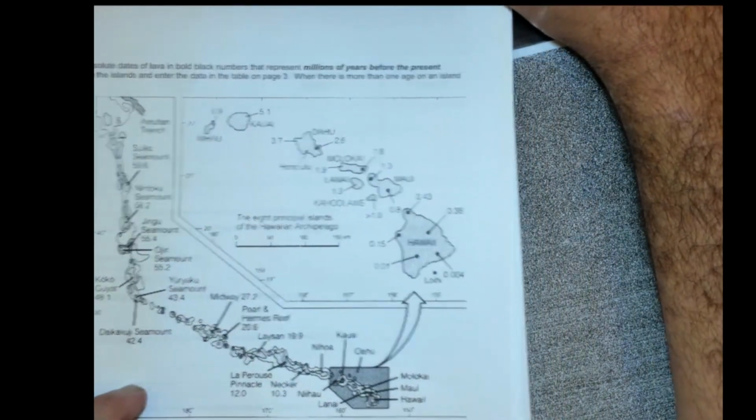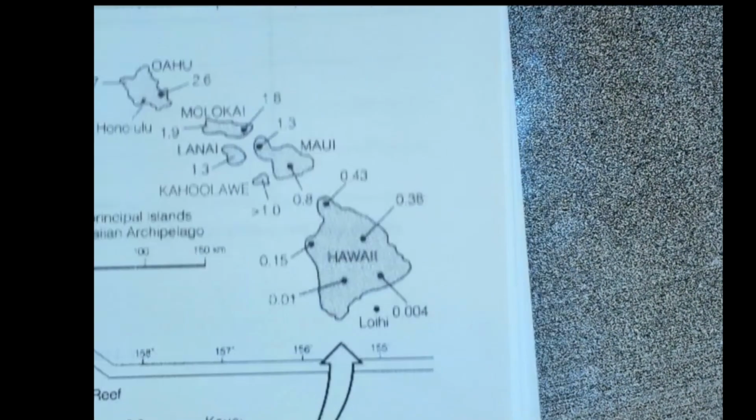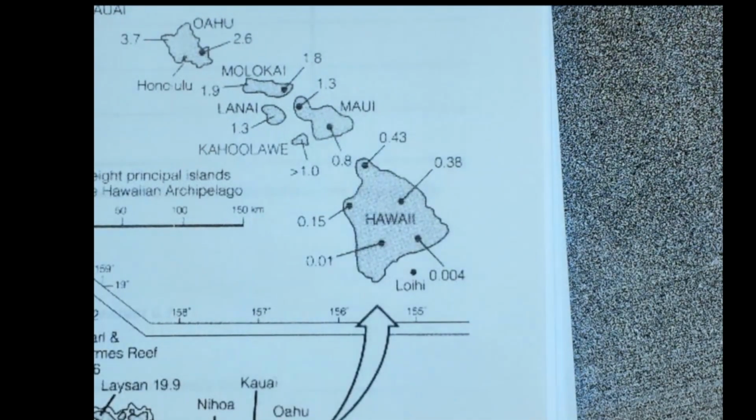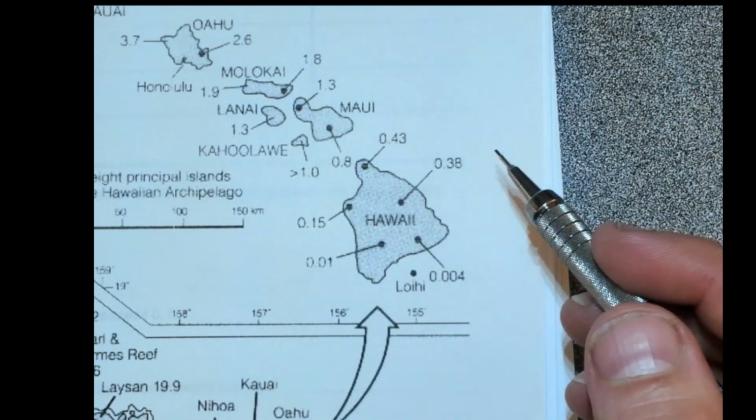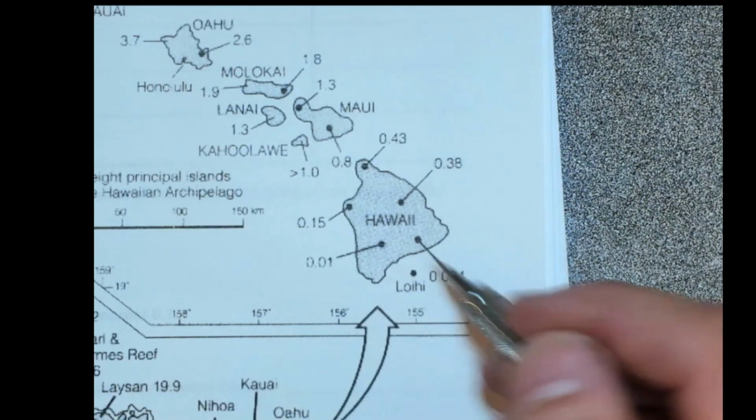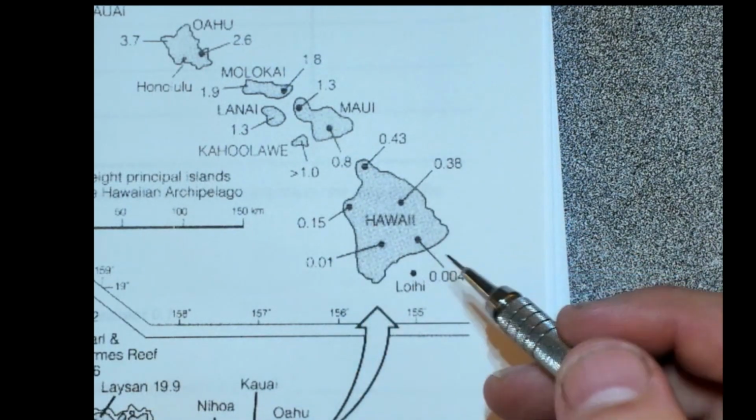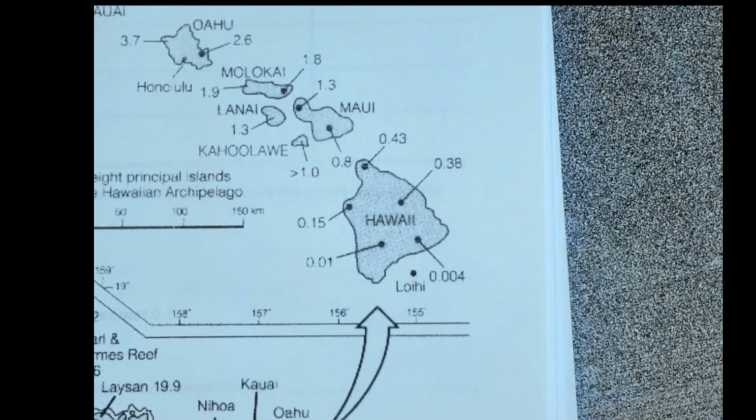How old is our first island? If we zoom in a bit, you can see here's Hawaii, the big island. And we've got a few numbers here. So what we're going to do is take those numbers and calculate out an average.